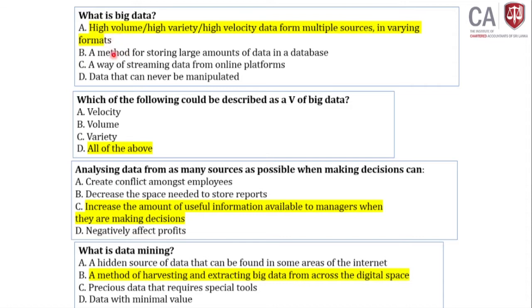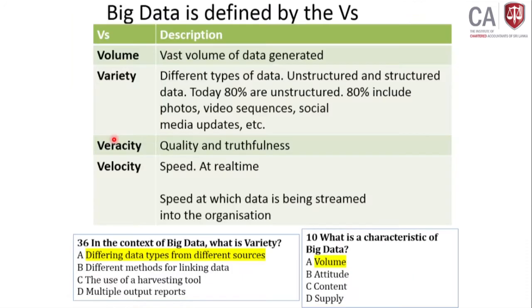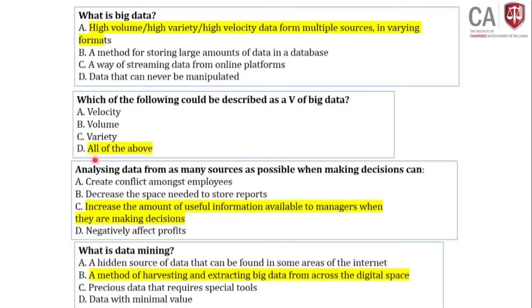So this is the answer for that. Which of the following could be described as V's of big data? All these V's are correct: velocity, volume, veracity. If you go to this one, see how many V's? Four V's are there. Analyze data from as many resources as possible when making decisions.